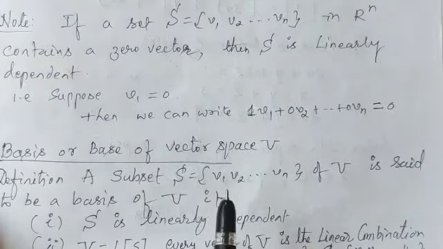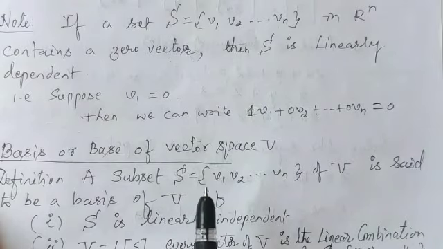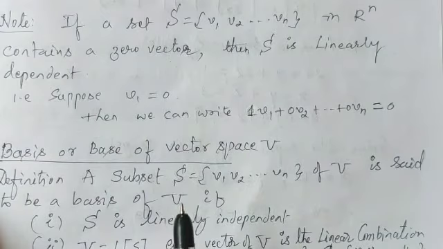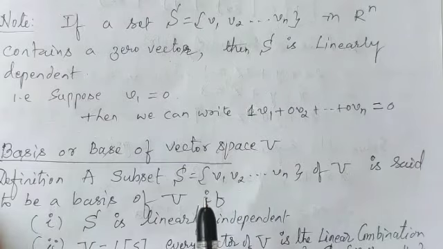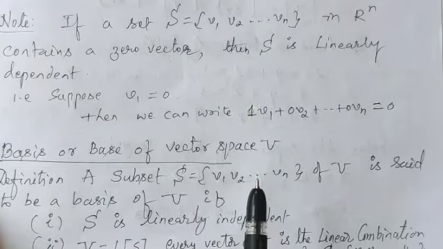The second condition is that these vectors span the entire space. That means if you take any vector in V, you can express it as a linear combination of these vectors. Then we say that the collection is a basis of the vector space V.